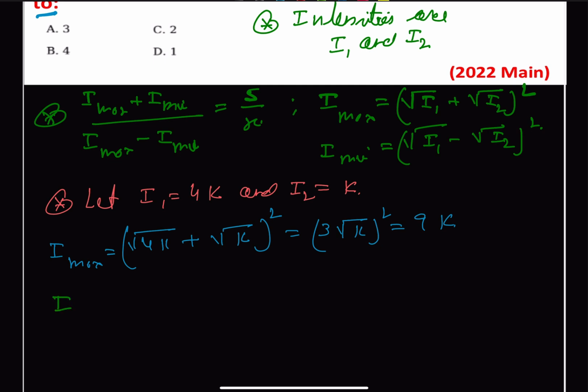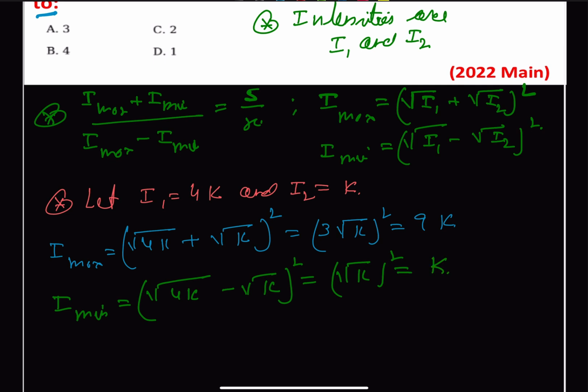Similarly, we can find out our I min, that will be square root of 4k minus square root of k whole square, and this will be coming as square root of k whole square and coming as k.